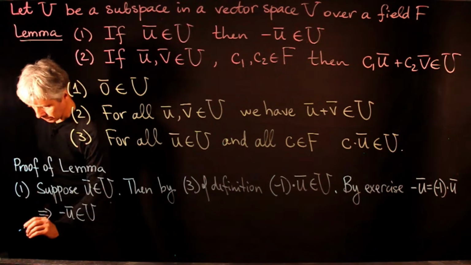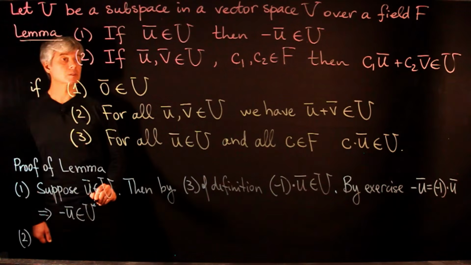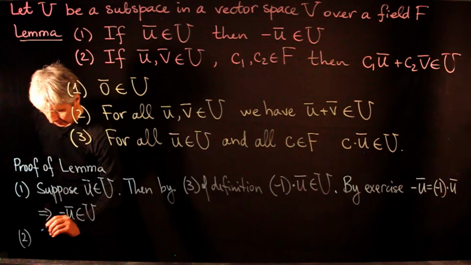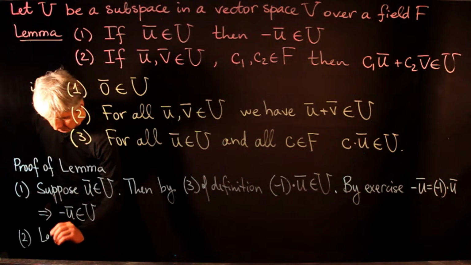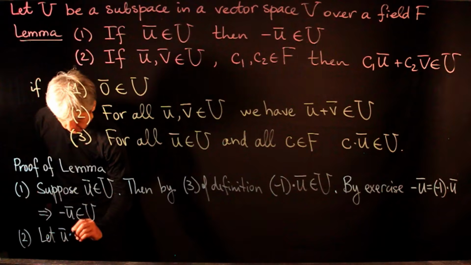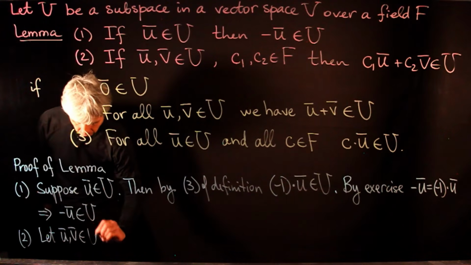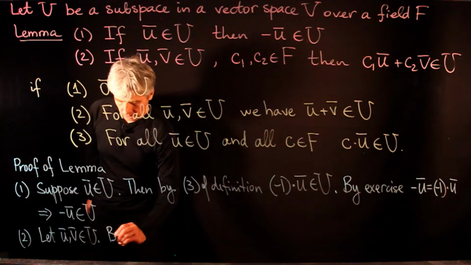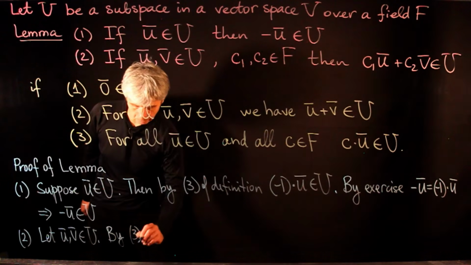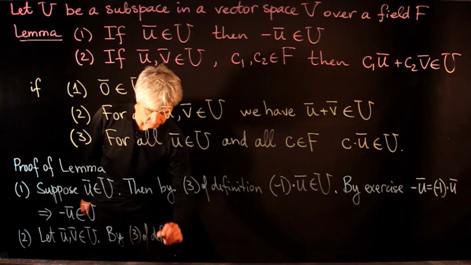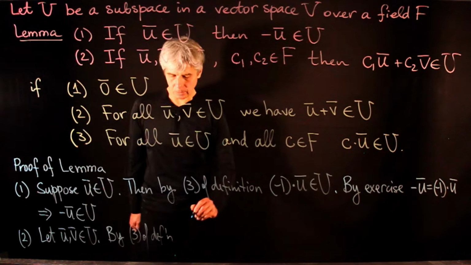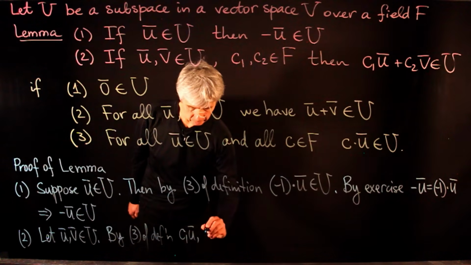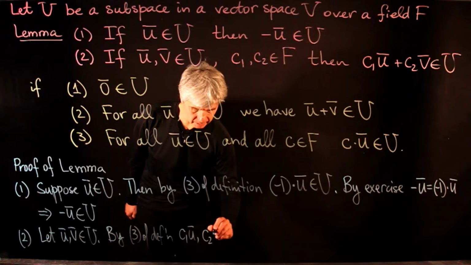And for 2, we start with 2 vectors in U. And again, by part 3 of the definition, we have C1U will be in U, and so will C2V.